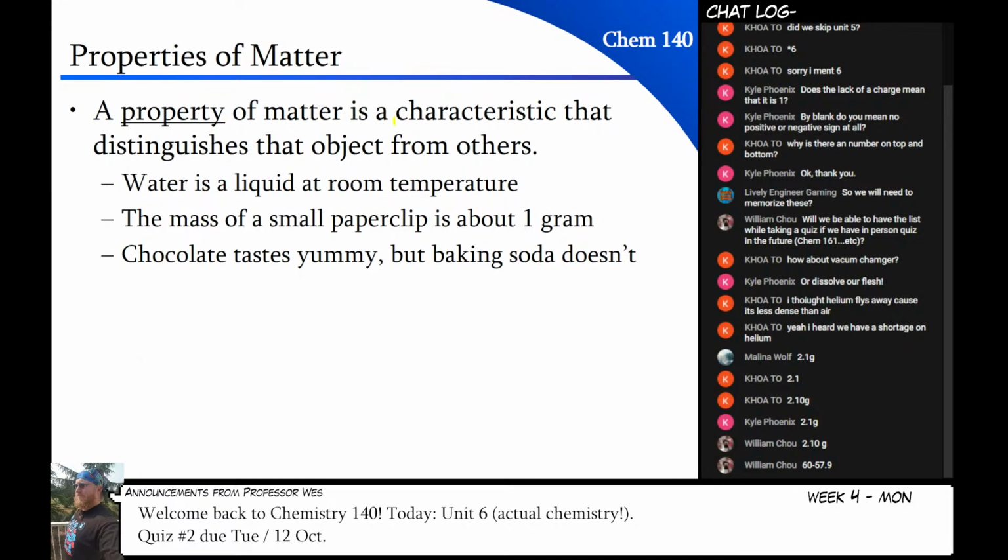For instance, if I look at water, I could say, oh, water is a liquid if I have it at room temperature. Now, me noting that doesn't change the fact that it's water. If I taste chocolate, it tastes sweet. It's still chocolate, at least whatever's left there. I'm not actually doing something that changes it. So these are all properties.